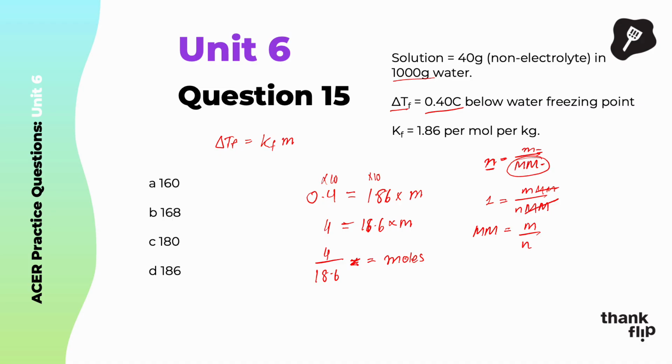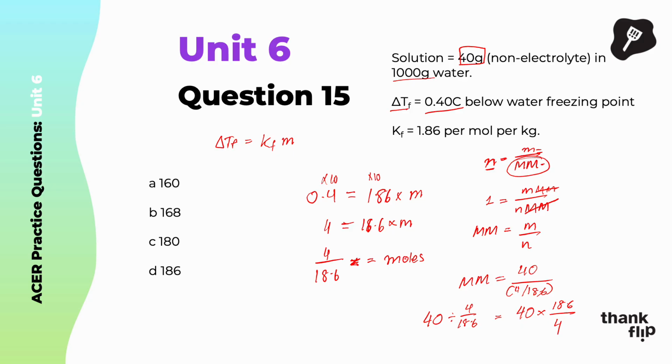So the mass is something that we're given. We're given that the electrolyte solute mass is 40 grams. So we have M is equal to 40 over 4 over 18.6. Okay, and then we can solve that by going 40 divided by 4 over 18.6 is equal to 40 multiplied by 18.6 over 4.